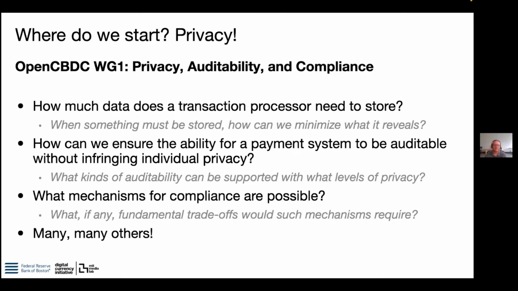And then, finally, and I say finally, there are so many more questions in this space to answer. But finally, at least for our examples, what mechanisms of compliance actually are possible for us to implement? And what might those look like? And if we implement any of these, are there fundamental trade-offs, for example, in performance that we might garner? And we're not really sure yet.